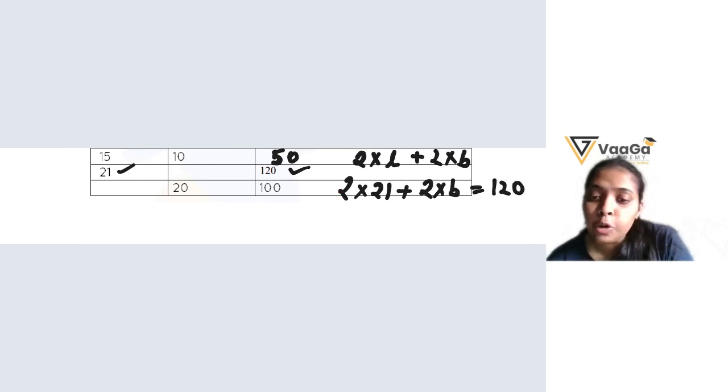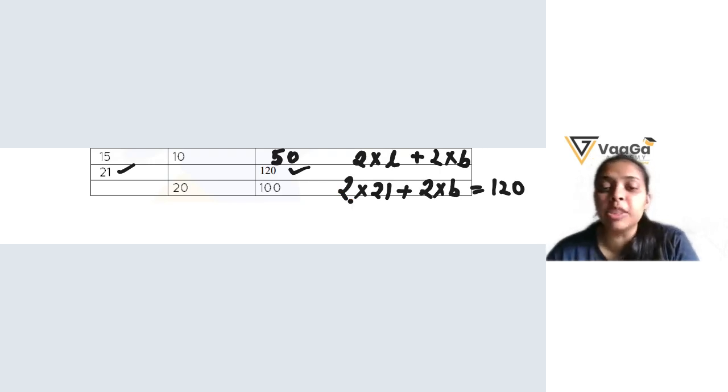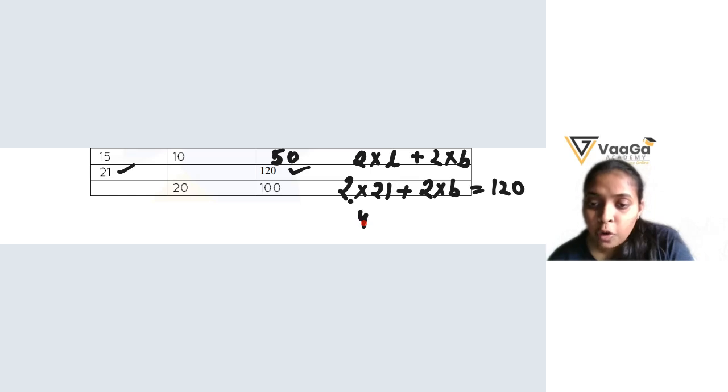I multiply 2 and 21 together. Multiply 2 times 21 and tell me the answer. 42. Right. So 42 plus 2b is equal to 120.